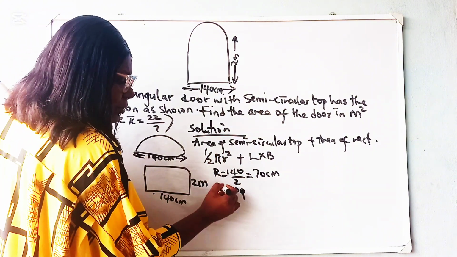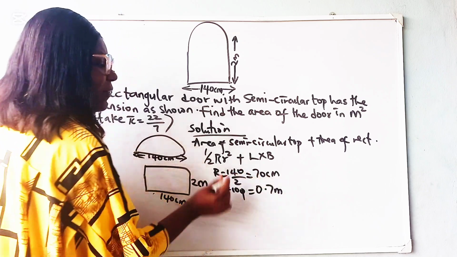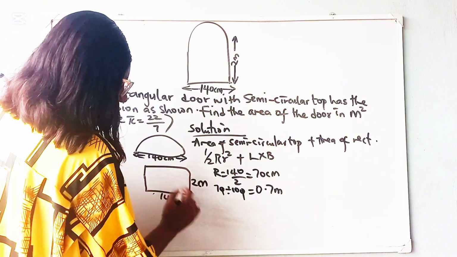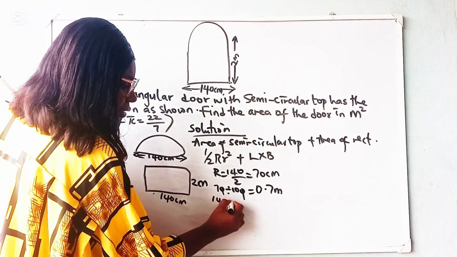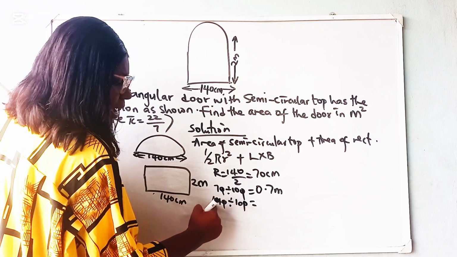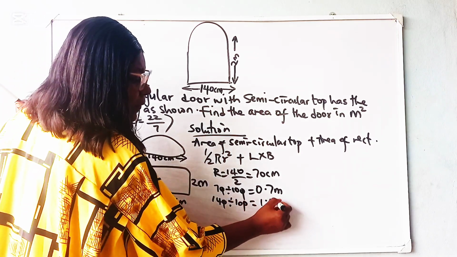This 0 cancels 0, 7 over 10 is the same thing as 0.7 meter. We do the same for this one: 140 divided by 100, 0 cancels 0, so we have 14 over 10, which gives us 1.4 meter.